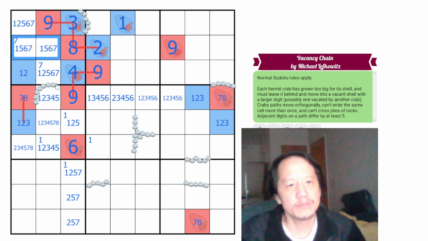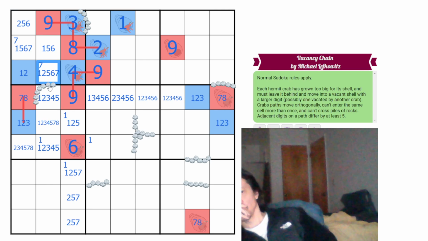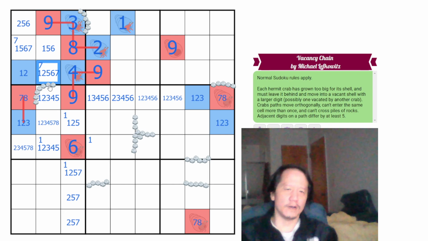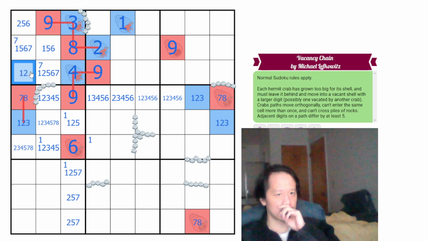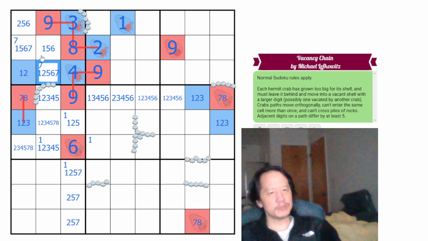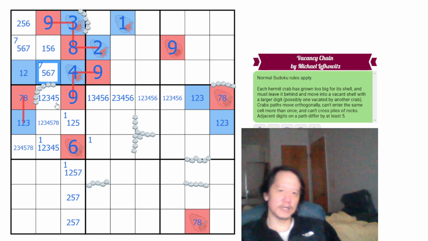Obviously, 2 can't be here. 1 can't be here. 7 can't be either of these two. One of these has to be 1 or 2, which means the other one has to be 1 or 2 here. Which means this can't be 1 or 2. This can't be 1 or 2. One of these is 5, 6, or 7. The other is not.